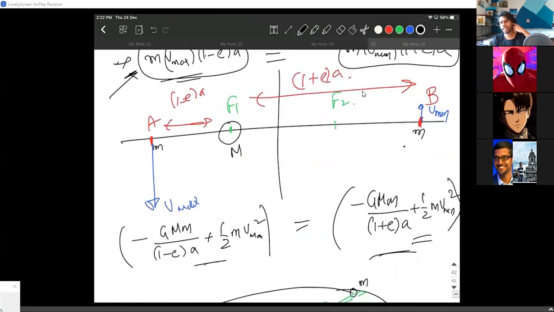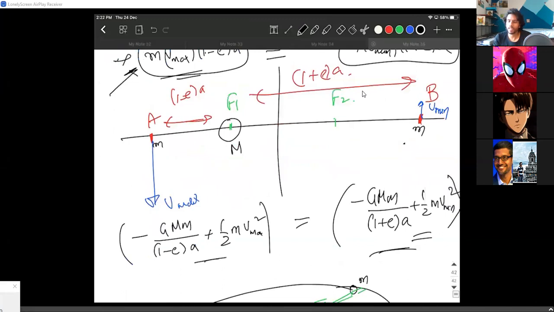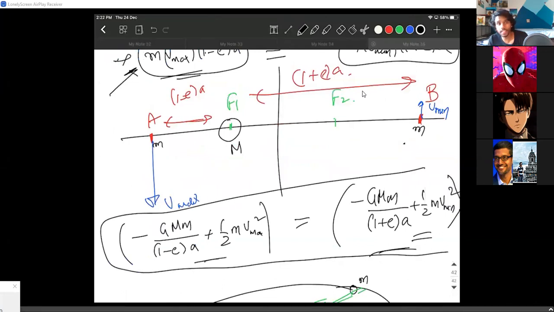Like you can write the energy conservation. I'm not saying you will get anything out of it. All I'm trying to say is, when you try to solve problems, you can use these ideas to solve a lot of problems.